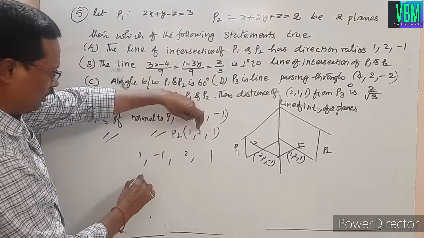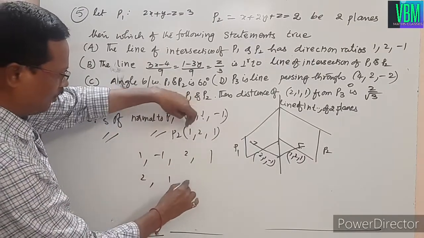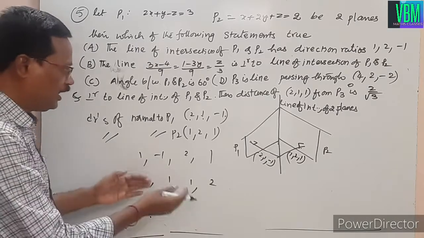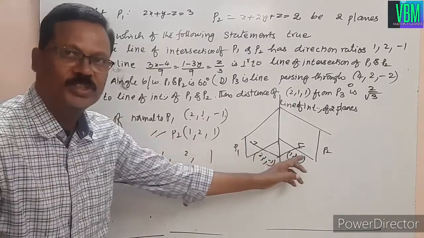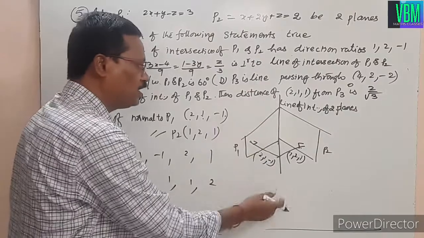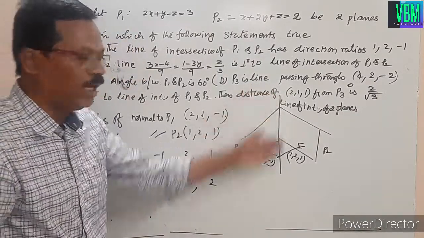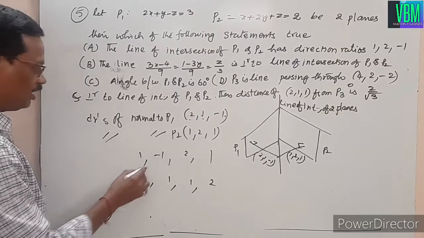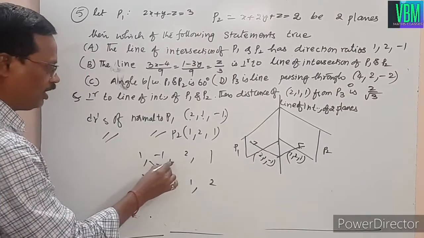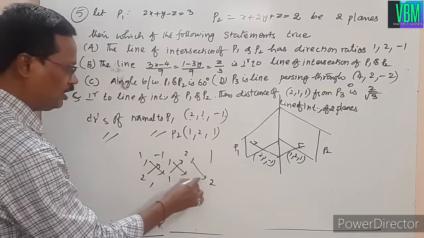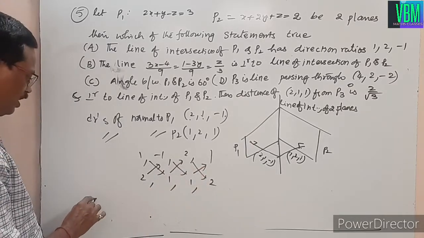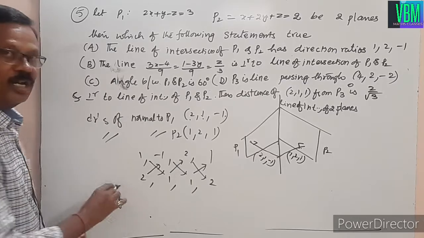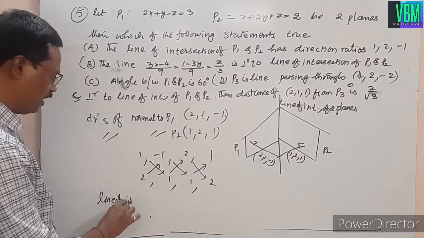Start with the second number: 2, 1, 1, again 2. Now by writing like this, we get the cross product of these two vectors. That cross product itself is the DRs of the line of intersection. Therefore, the line of intersection DRs.